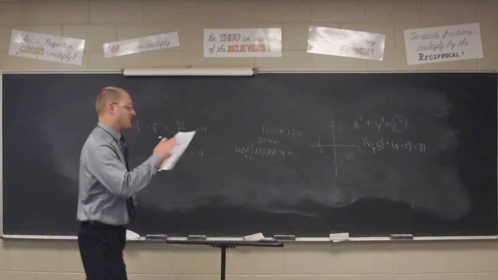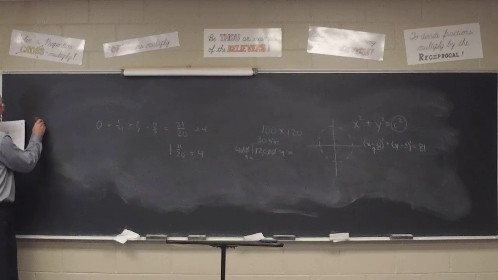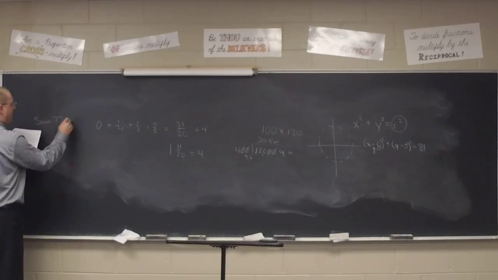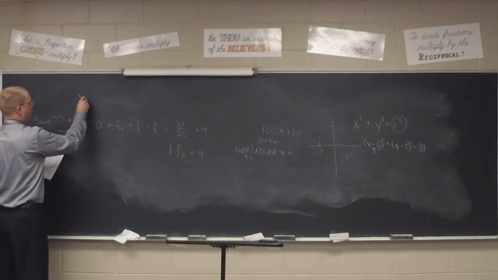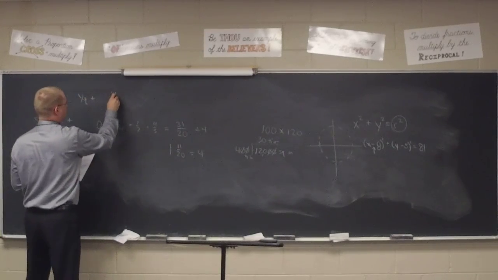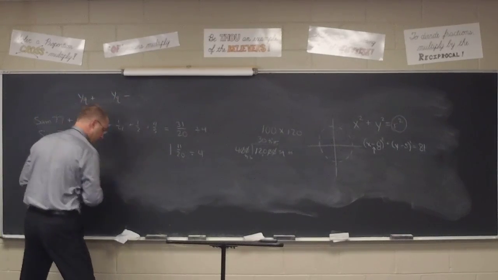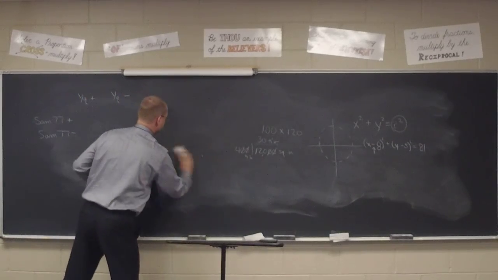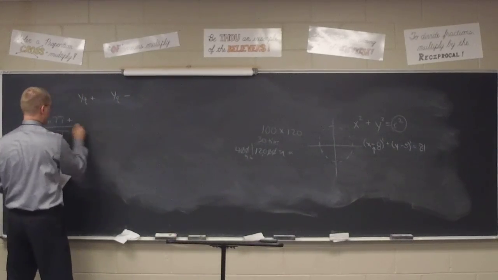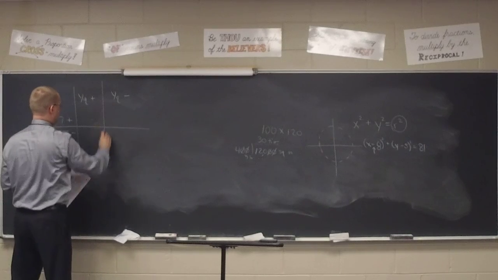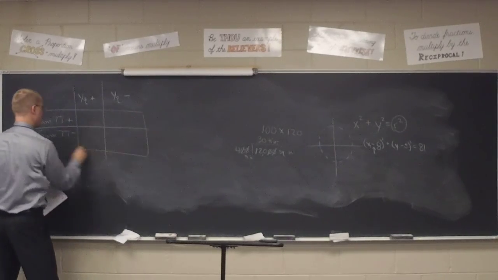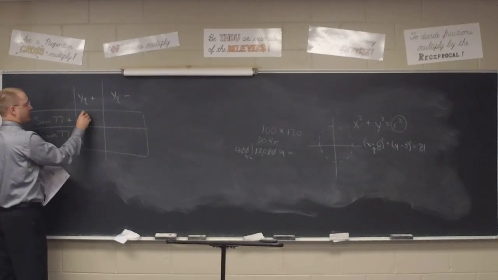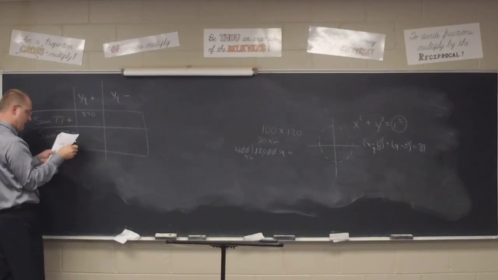So one of the things I did on my chart, so you got Sam 77 positive, Sam 77 negative, YQ positive, YQ negative. Okay, so Sam tested 590 people positive.